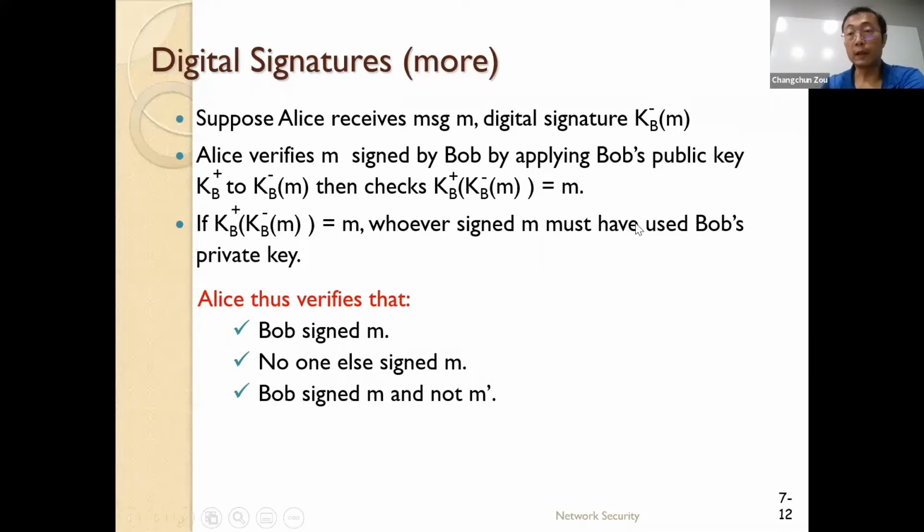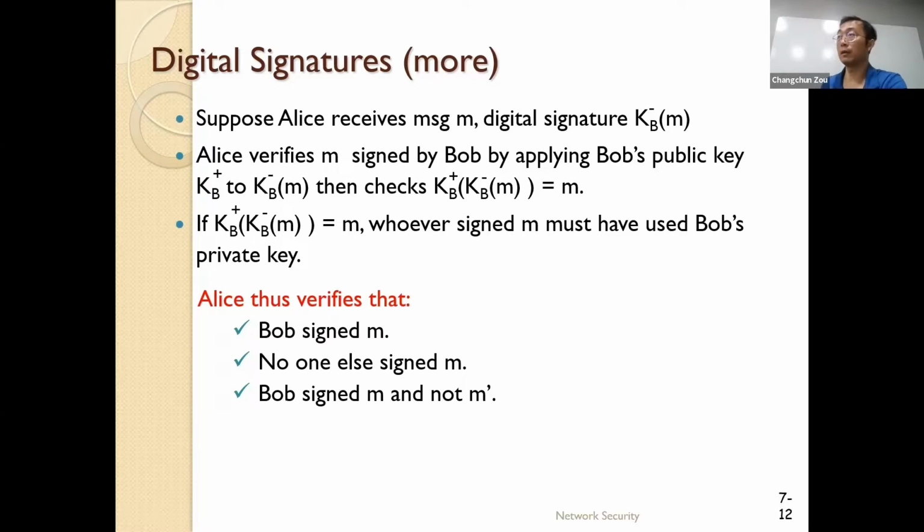Because if an attacker modifies a single bit of this ciphertext, when you do the decryption, what you get is just unrecognizable text, because encryption and decryption have a feature that if you modify a single bit, the decryption will be totally void. You cannot recover things. So if you do the decryption and find you get unrecognizable text, not English, then you know that the message has been modified.